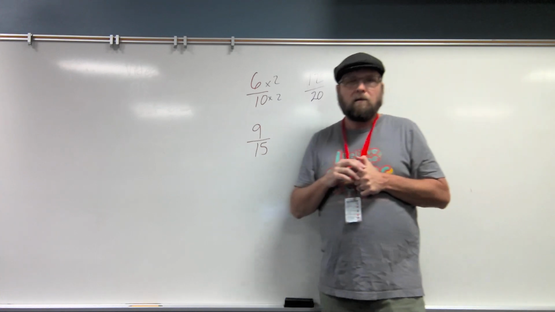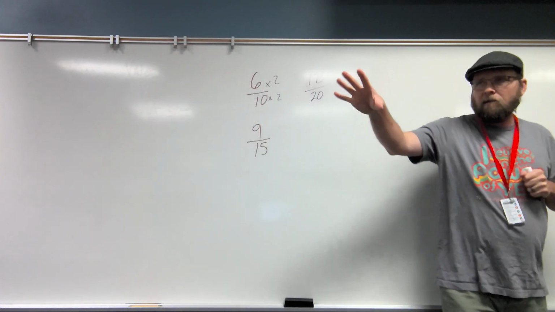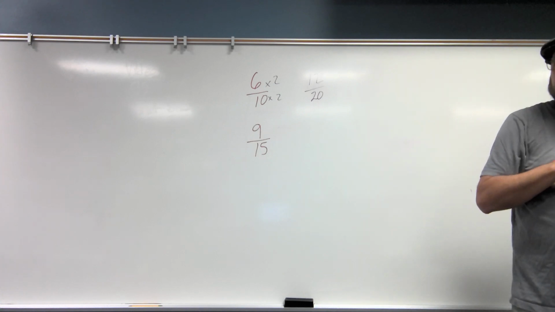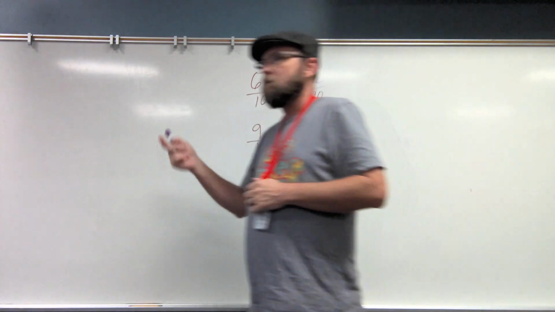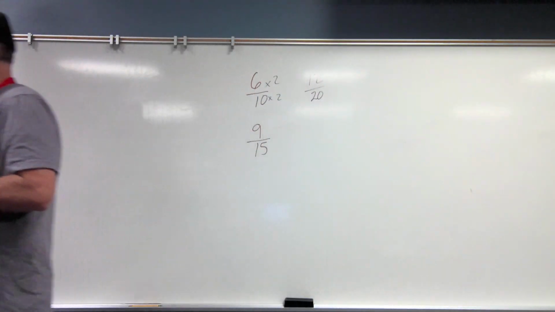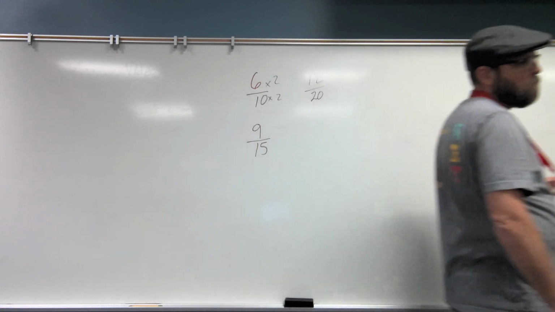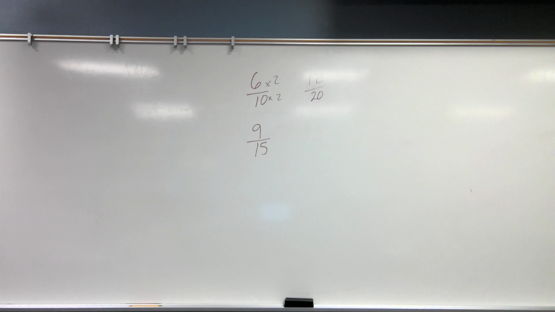Okay, so if you have 5 1/5s, it equals 5/5, which equals 1. Allie? The numerator and the denominator, if they're the exact same number, then that means that it's the whole. That makes 1 whole. Good.